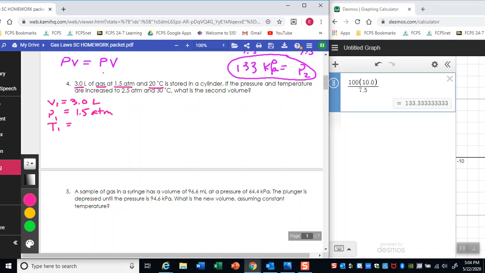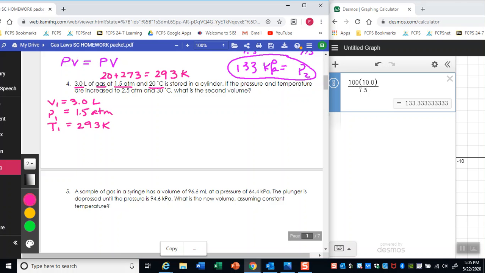So if I want to know kelvins, I take my Celsius degrees and I add 273. That's the magic number. And so in kelvins, that would be 293 kelvins. So my temperature in kelvins is 293. So you kind of know it's kelvins if you got a really high, big number for your temperature.